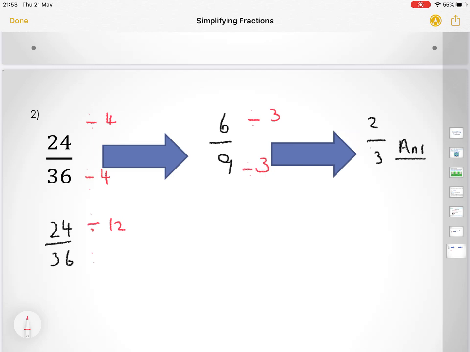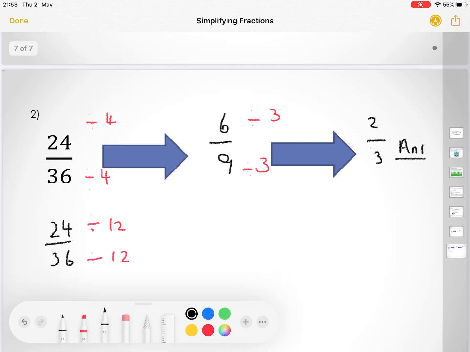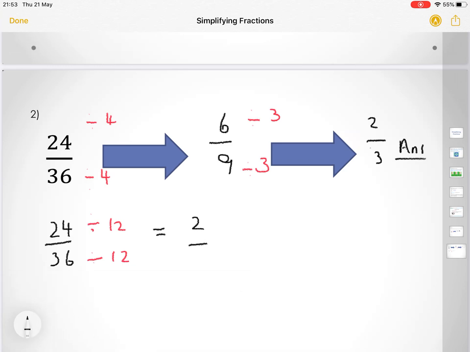And I can divide the denominator by 12 as well. Okay? In this case, 24 divided by 12 is 2. 36 divided by 12 is 3. I obtained 2/3 as well, obviously, because both my methods are correct. 2/3 cannot be simplified further, and that is the answer.